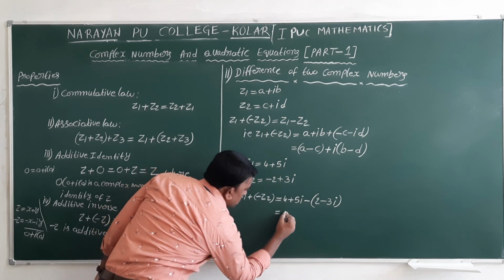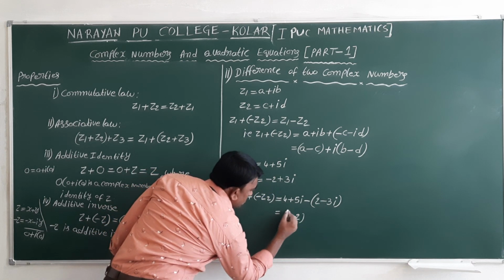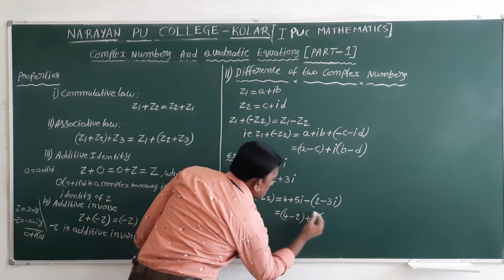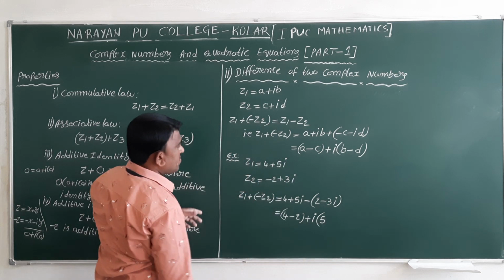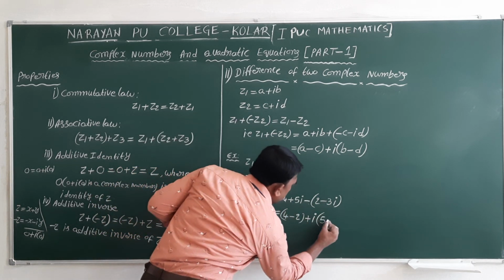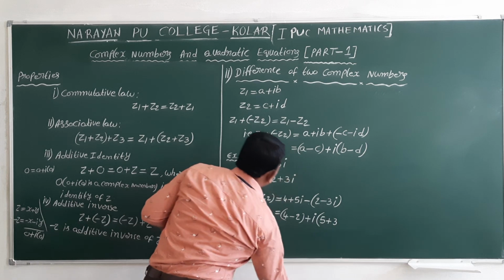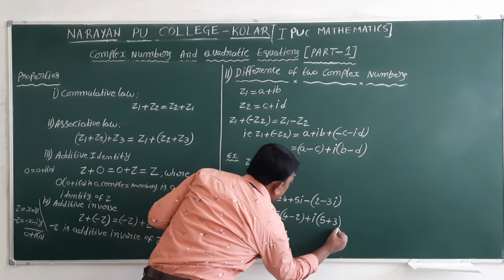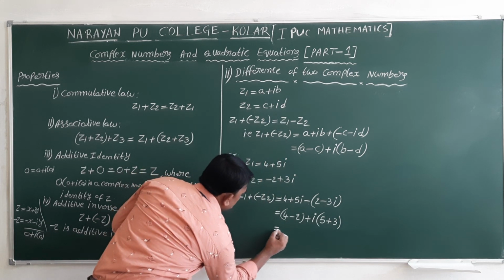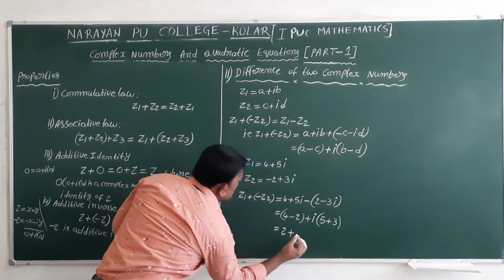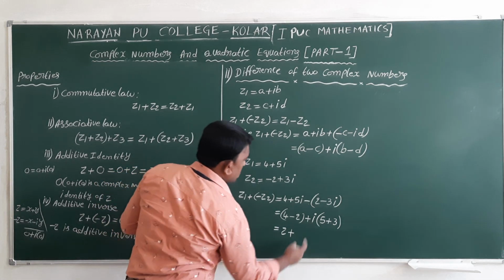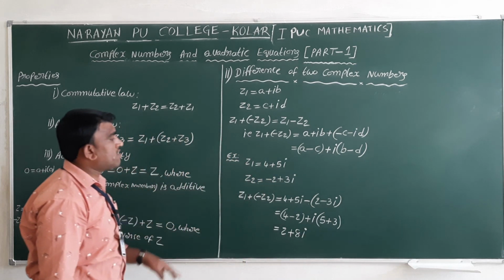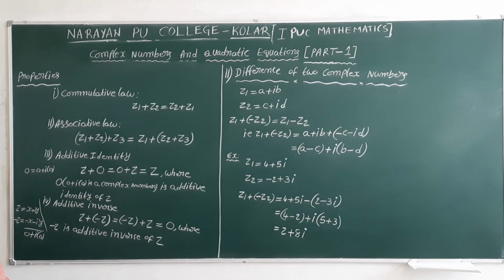So real parts difference 4 minus of minus 2, which is 4 plus 2, plus i into imaginary parts difference 5 minus 3. That gives 6 plus 2i, that is the difference of two complex numbers.